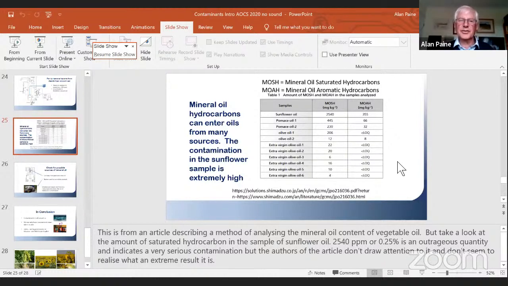You should aim for the peroxide value to be zero, or as close to zero as possible at the end of bleaching. Anisidine value won't go to zero, but you should aim for it to be as low as possible. And then if you can take the bleached oil and not allow it to see any air, keep it under vacuum or in a nitrogen blanketed tank, and then deodorize it, then you should avoid oxidized oil as best as you possibly can.